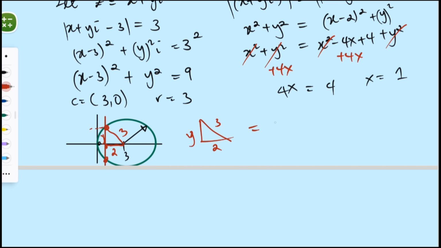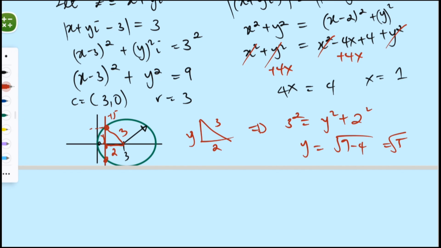Pythagoras is our best friend, so we know that 3 squared equals y squared plus 2 squared. y equals square root of 9 minus 4, which is square root of 5. Okay, so the y coordinate here would be positive root 5.